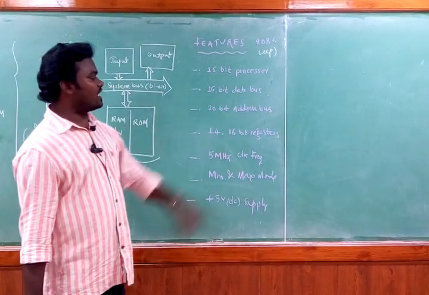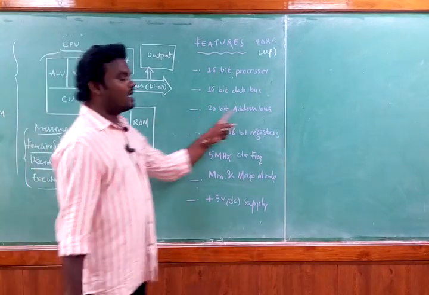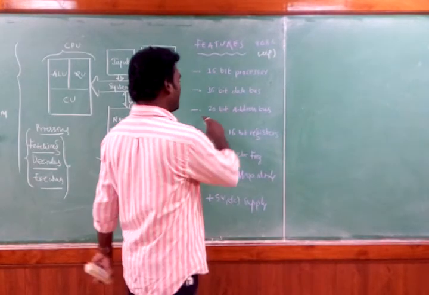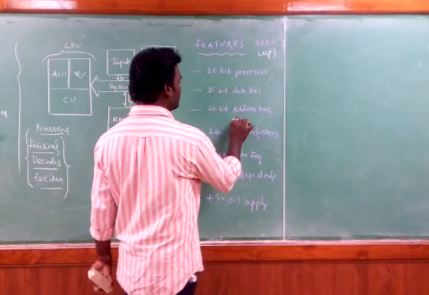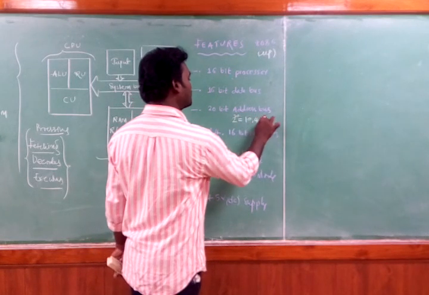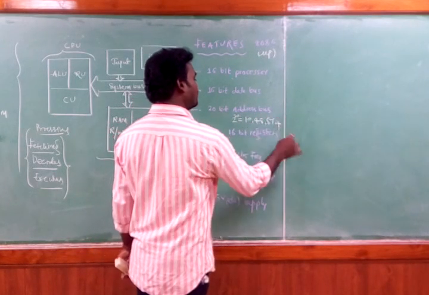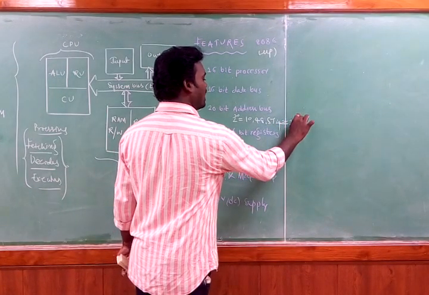Coming to the next one, it has a 20-bit address bus. A bus is nothing but a group of communication lines, so 2 power 20 is equal to 1,048,576, which is approximately 1 megabyte.